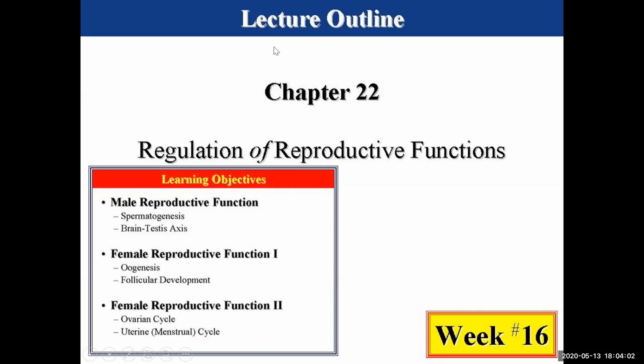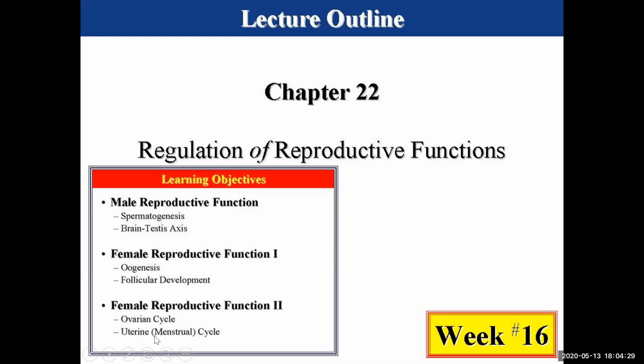But in the case of the female reproductive system, we also have to go over cycles, because in the male, they don't have a cycle. The concentration of testosterone, the main male sex hormone, is relatively constant throughout the day. Whereas in the female, sex hormones go through a cycle.